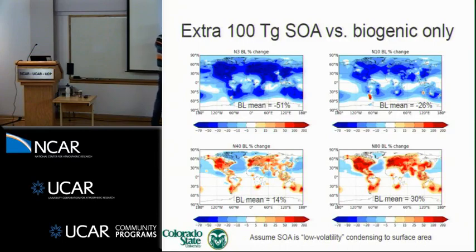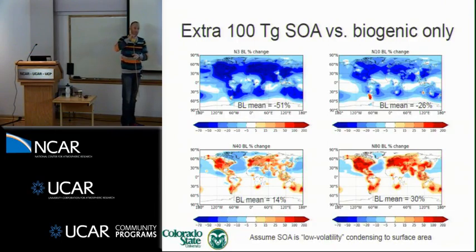Over continents, for our larger particles, the ones larger than 80 and larger than 40, we get big enhancements, larger than 100%, over many anthropogenic regions where there are lots of CO emissions, and therefore lots of anthropogenically influenced SOA. So we get big enhancements over Asia, Europe, and North America. What this ends up creating, though, is a feedback where we have a lot more big particles, and this reduces the amount of particles that nucleate because there's larger surface area.